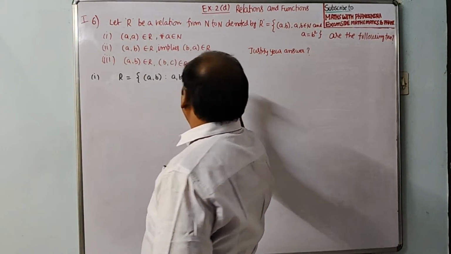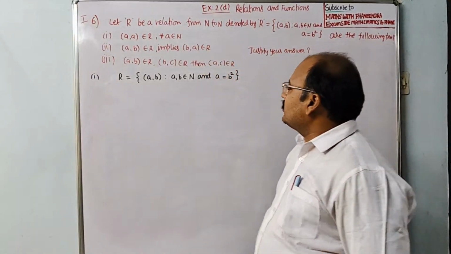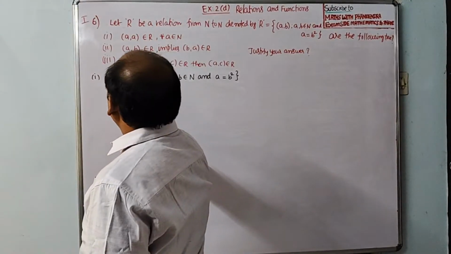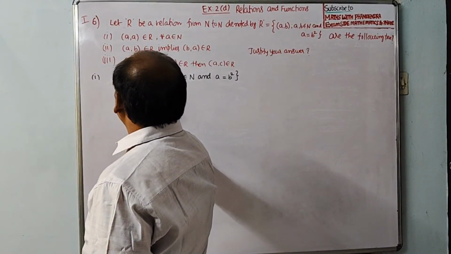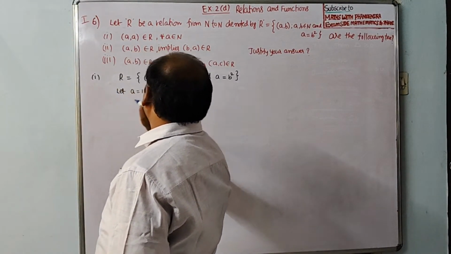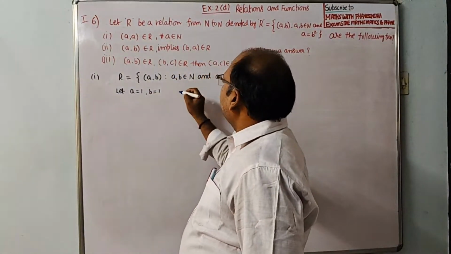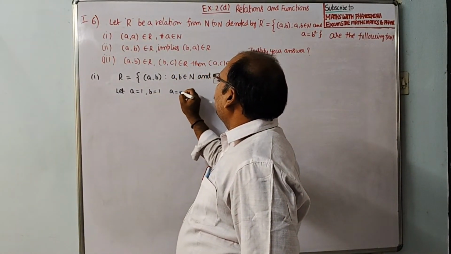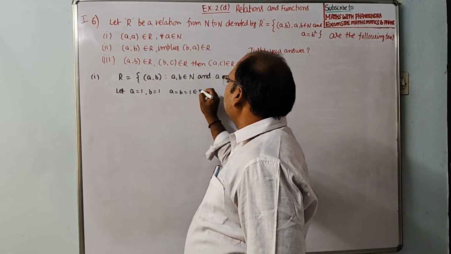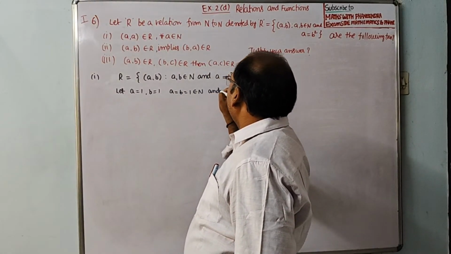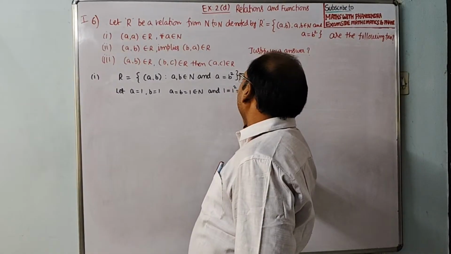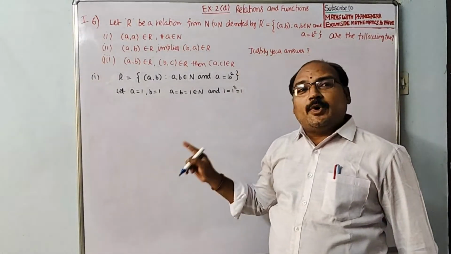This condition should follow. Now let a equal to 1, b also equal to 1. Then a and b belong to N, and 1 equal to 1 square, this is possible.